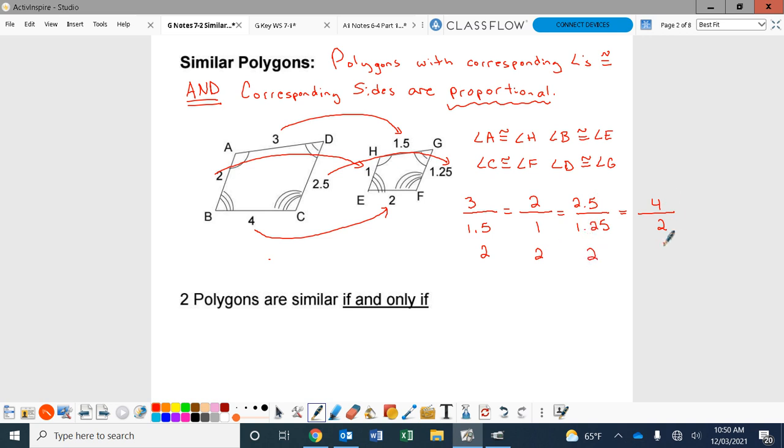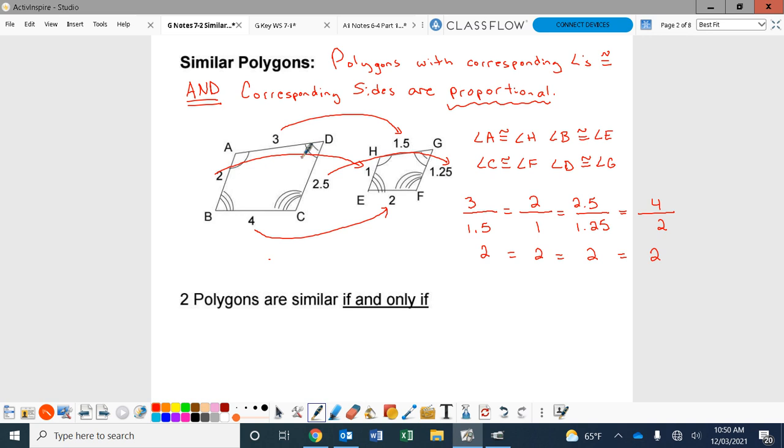And 4 divided by 2? 2. So, do you see they're all proportional to each other? That means that the same number is multiplied times all the sides. Guys, basically this size is twice as big as this one. To go from these, you're going to have a fraction that is going to actually reduce out to 2. It's twice as big.